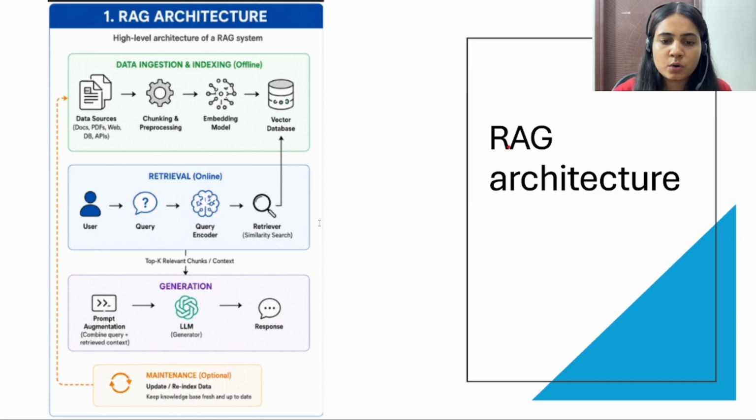Whenever new data comes in, or existing data needs to be changed, or we have to generate new content, we do the update, and it again does the embedding and the other processes, like data sources, then chunking and processing, and the embedding model. This happens in the background, and it updates our vector DB.